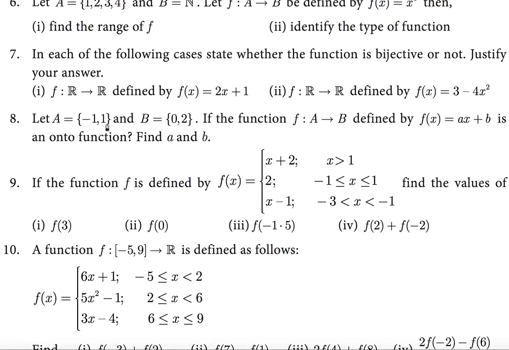I made a mistake. Minus a plus b equal to 0. These are the equations. What is onto? Should be equal to range, right? So minus a plus b equal to 0.